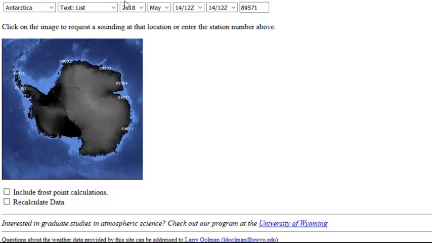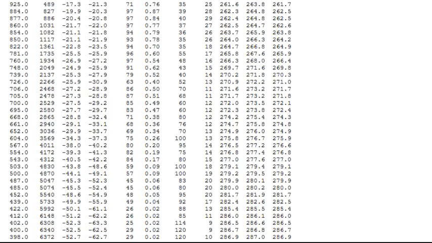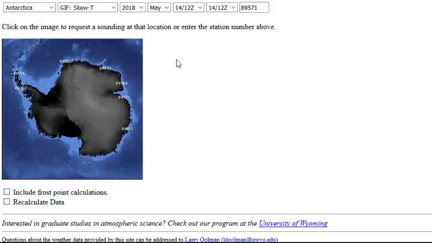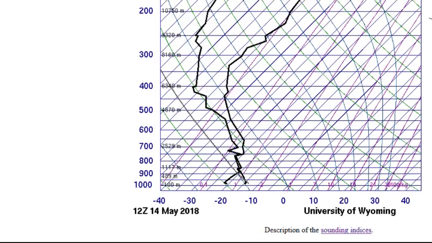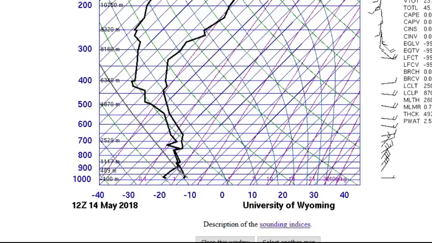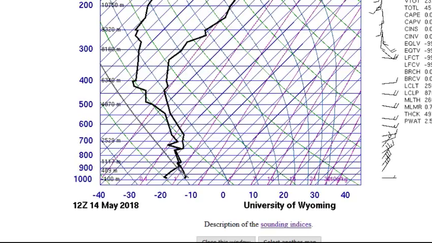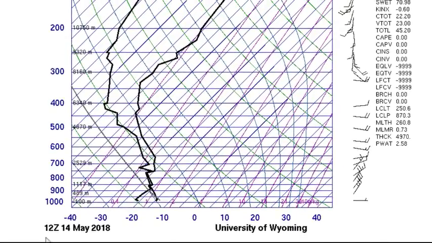Let's just plot up one quick Antarctic sounding. There we go. Antarctica, they're slipping into the austral winter. You take May and add 6 months, and that's what things are like there.